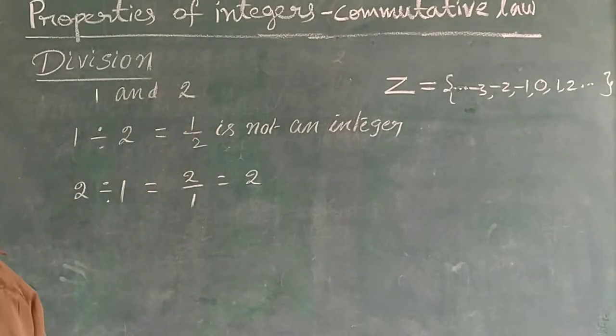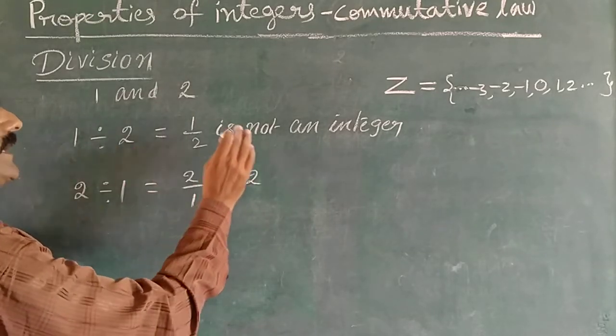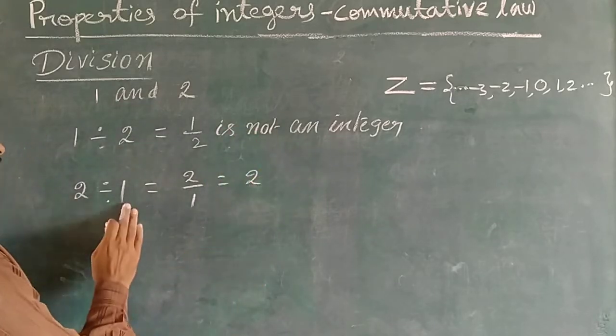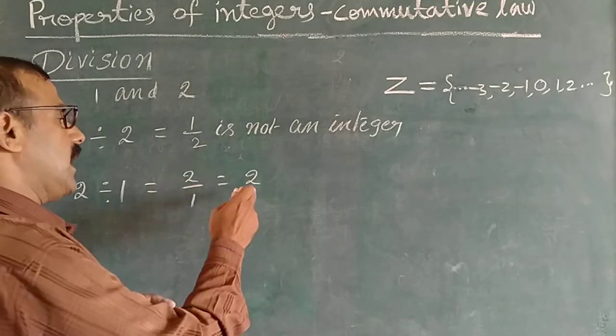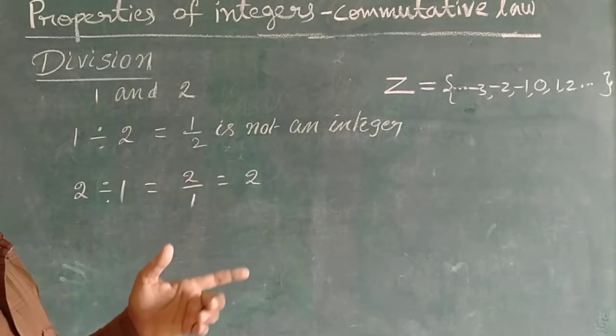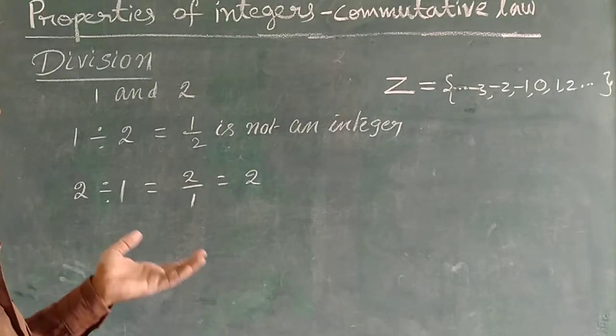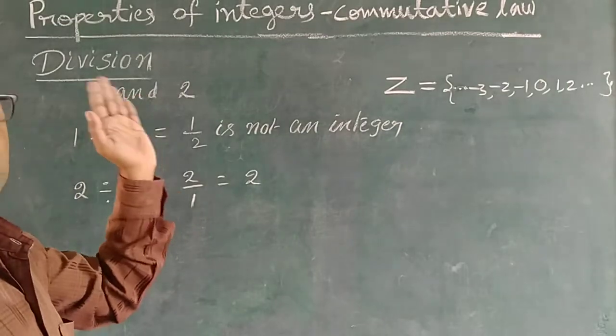For closure law, we check whether 1 divided by 2 is an integer or not, and whether 2 divided by 1 is an integer or not. In closure law, one case is possible, the other case is not possible. So closure law is also not satisfied for division with respect to integers.